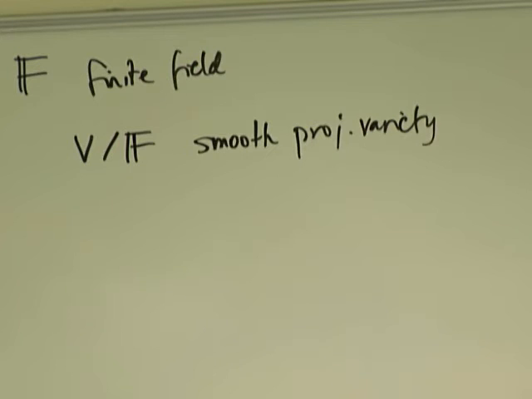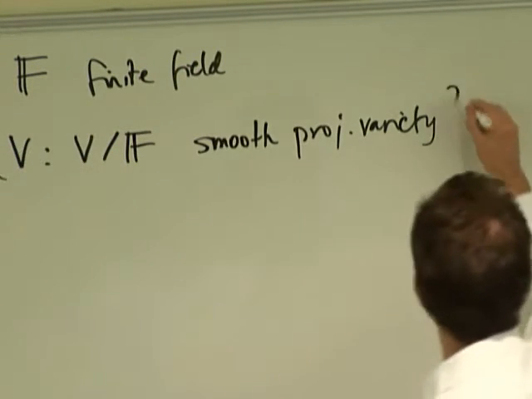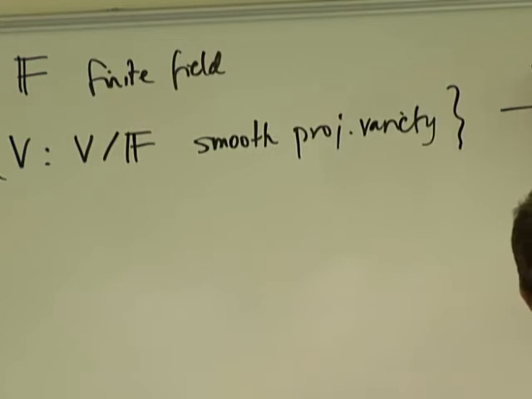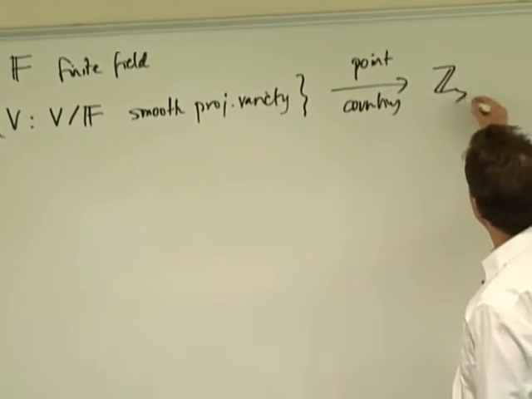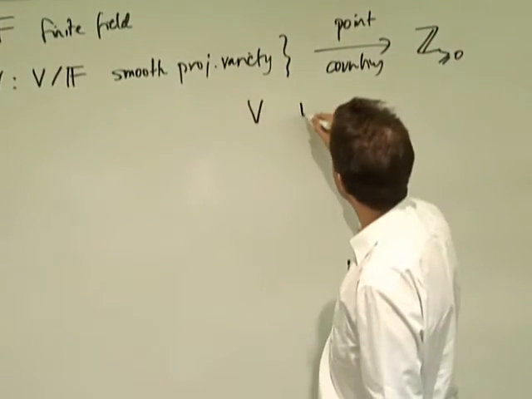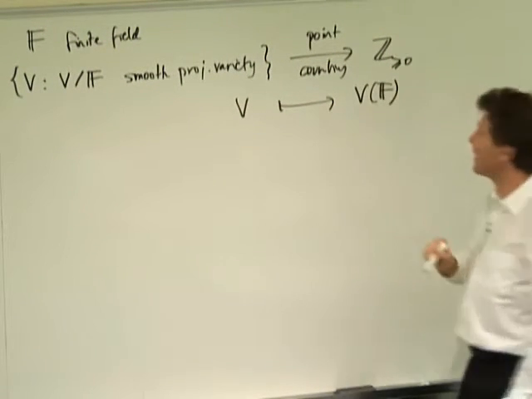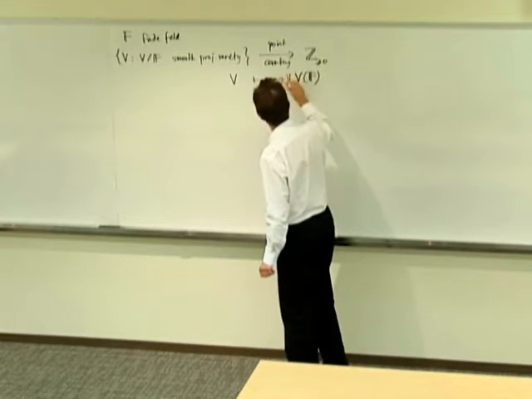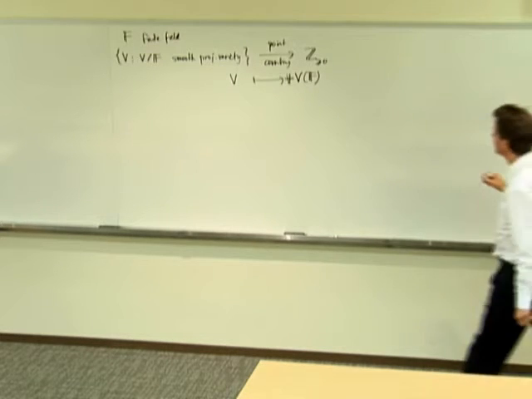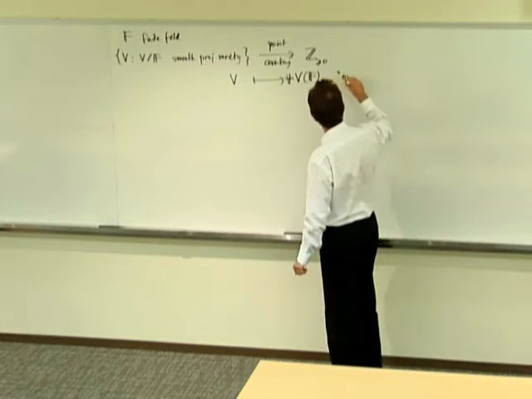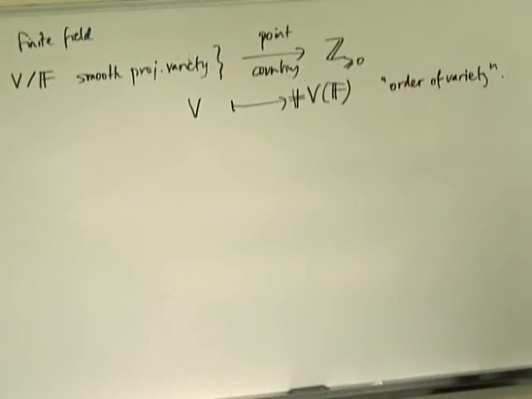It's living in projective space, so what you can do for all these V's, you can count the number of points, so that's the point counting map, and then you get a non-negative integer, so V will be sent to its set of points defined over the finite field F. That's the set of points, and it has a cardinality, which I will briefly refer to just as the order of the variety over that finite field. So if I simply say order of the variety, I mean its number of points over the finite field F.